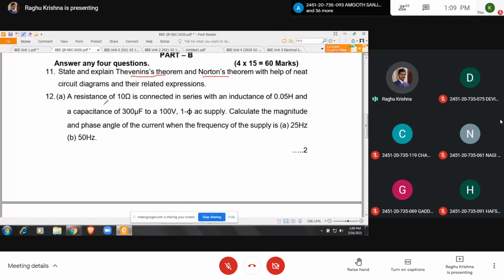A resistance of 10 ohms is connected in series with an inductance and a capacitance to a 100 volts AC supply. Calculate the magnitude and phase angle of the current when the frequency of the supply is (a) 25 Hz and (b) 50 Hz.